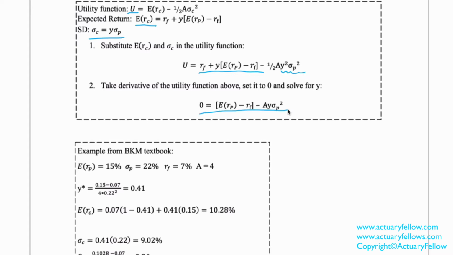Solve for y. It's important to keep in mind the Y star formula is only valid for this standard utility function. If a different utility function is given, we need to use the derivation process to find Y star. I go over such a question in the question video next.